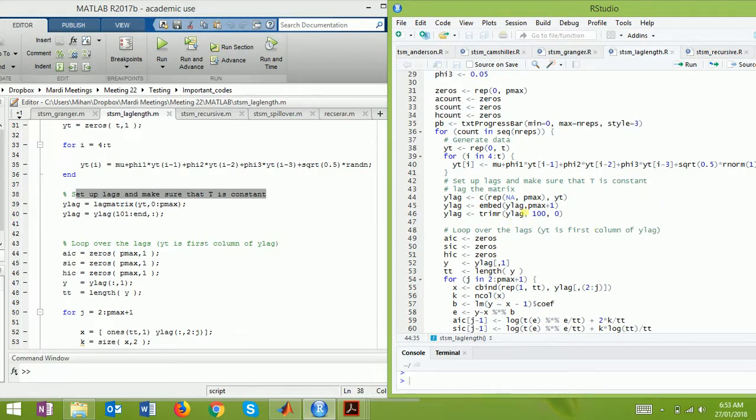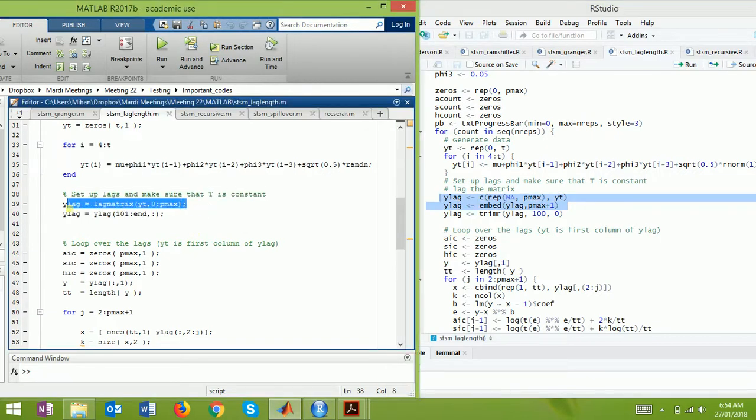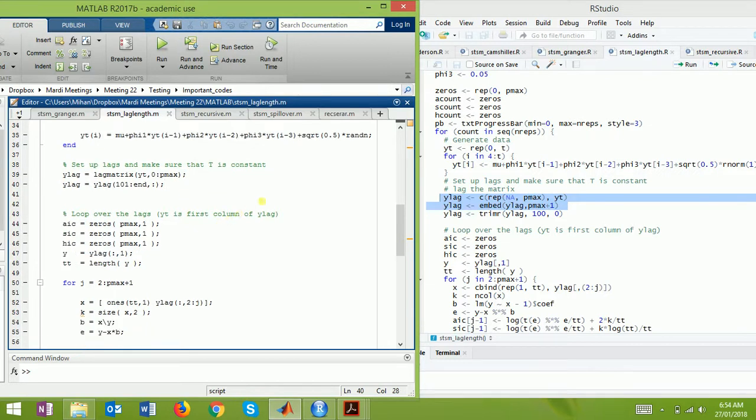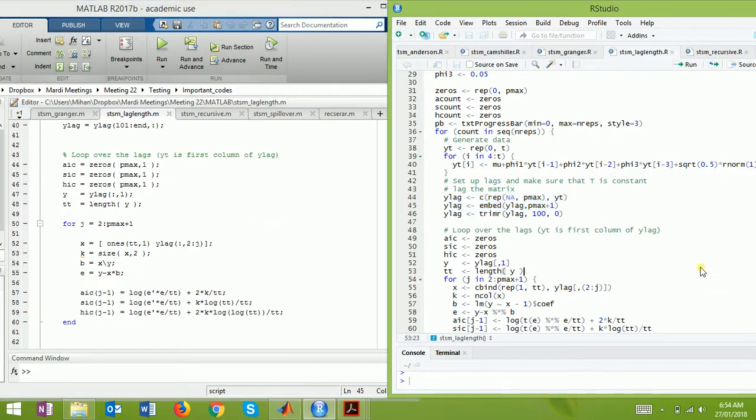Y lag, then 7 plus 1, embed, so 7 plus 1 minus 1, which will give you 7. Good. It does what lag matrix does, that's what I'm trying to say. And then after that we trim the first 100 observations, not a big deal. Then loop over the lags.